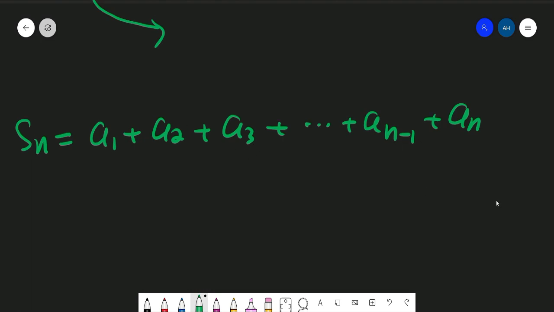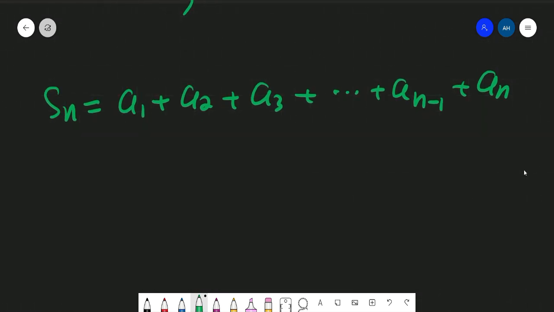So we can replace, as we did in the previous showing of the formula, an equal to a1 plus n minus 1 times d. Now Sn is also equal to a1, which is a1. Now what is a2? A2 is equal to a1 plus d, right?